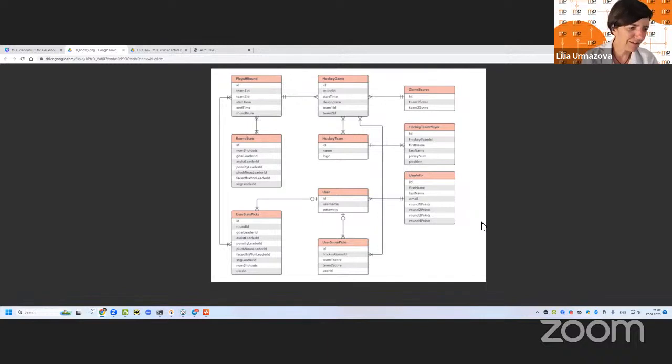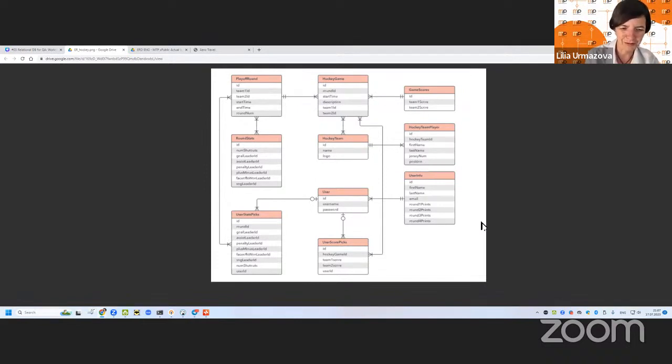Okay. What is more interesting here? User info, round 1 points, round 2 points, round 3 points, round 4 points. Okay, 4 rounds. And how to optimize it?